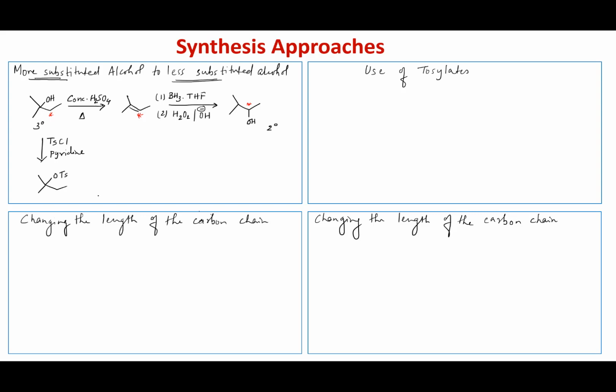So I make the tosylate. And now that I've made the tosylate, recollect that the tosylate behaves pretty much like a halide. It's a good leaving group. So I could do elimination reactions on this tosylate.